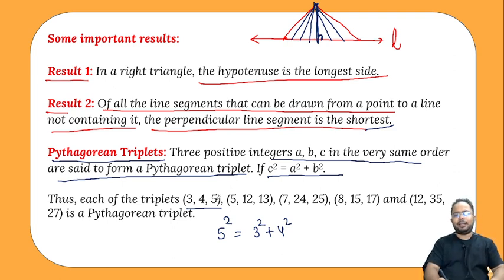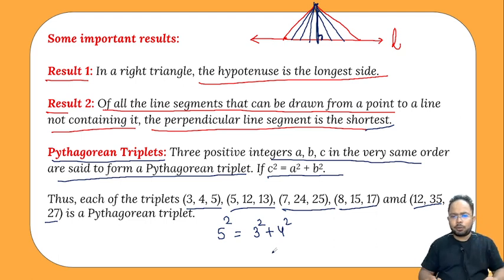Examples are 3, 4, 5; 5, 12, 13; 7, 24, 25; 8, 15, 17; 12, 35, 37; all are Pythagorean triplets. So if any three numbers are provided to us, we can check whether hypotenuse square is equal to perpendicular square plus base square. If so, it forms a Pythagorean triplet, otherwise not.